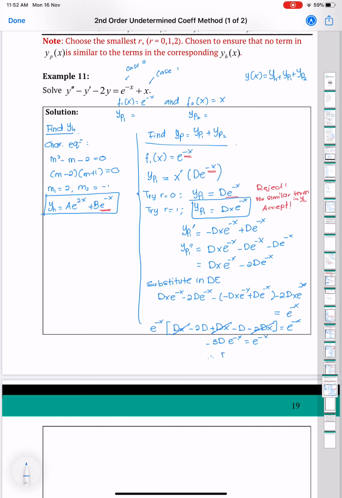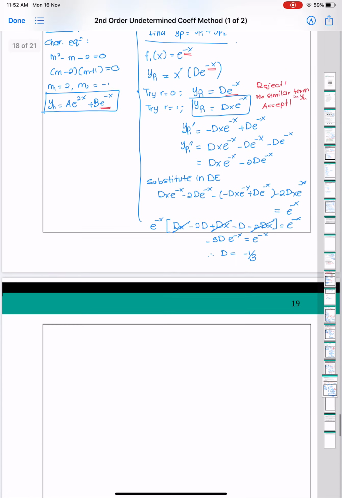So therefore d is equal to negative 1 over 3. So I obtain my yp1 to be negative x over 3 exponent negative x.